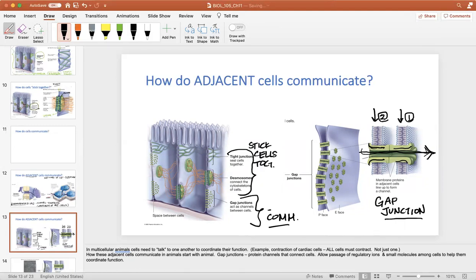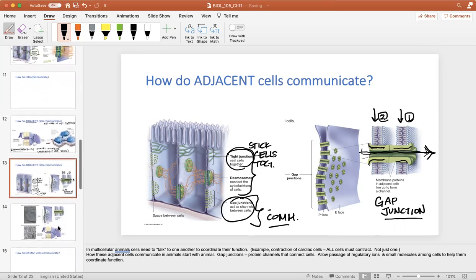Now, again, be careful. You have a vocabulary term here, tight junction, that sounds very similar to this vocabulary term here, gap junction. So again, my recommendation for you is to very closely look at your vocabulary.